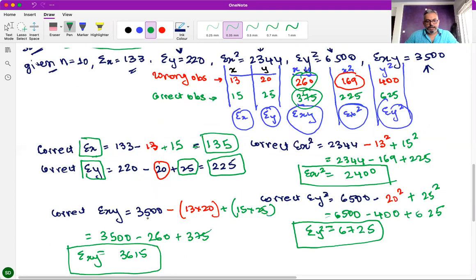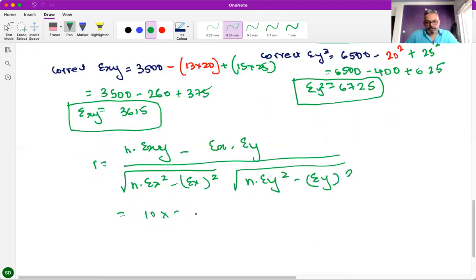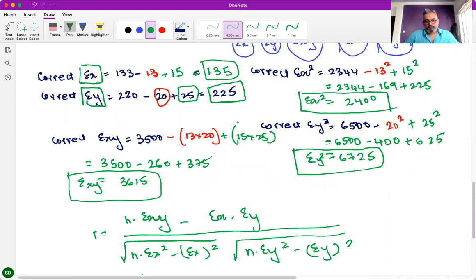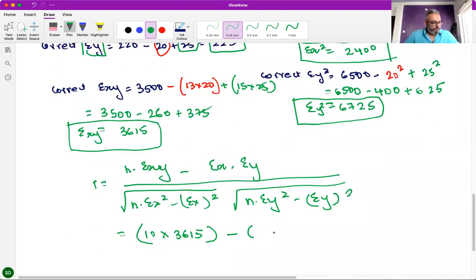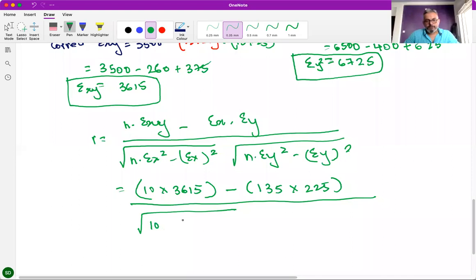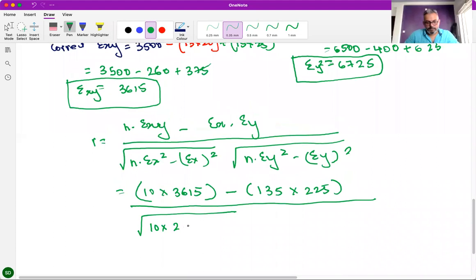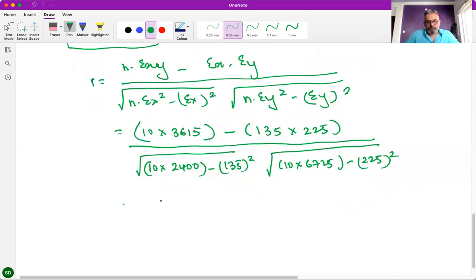N is equal to 10. 10 into 3615 minus sigma x correct 135 into 225 whole upon n is 10 into sigma x square 2400 minus sigma x the whole square 135 the whole square under root 10 into 6725 minus 225 the whole square, which is equal to 36150 minus 30375.